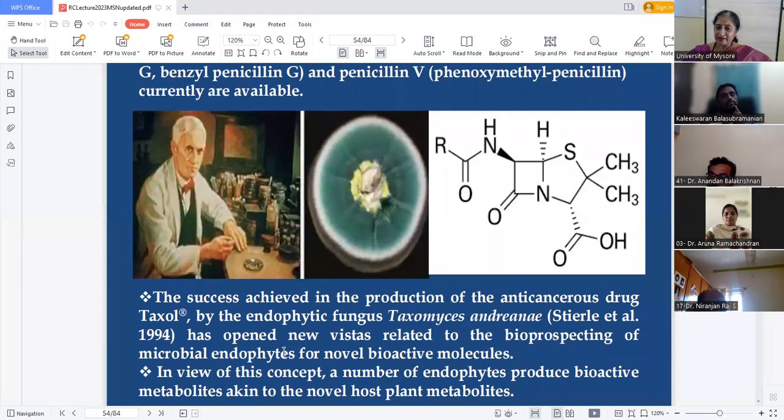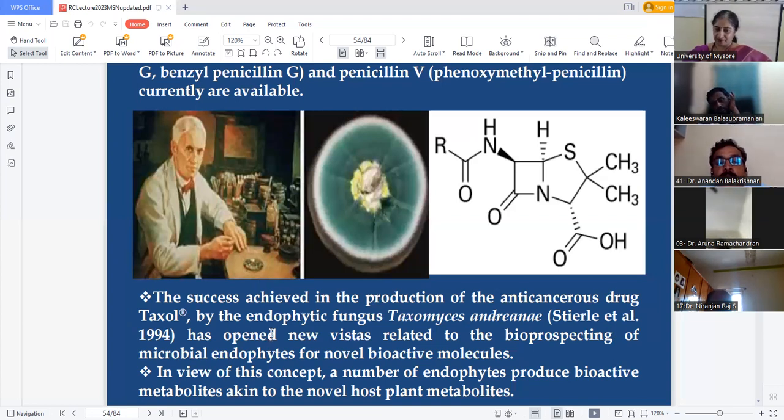And that success story is today the first anti-cancerous drug from a microbial source, the endophytic fungus Taxomyces chandrianae. That's a novel fungus that was isolated in 1994 by Stierle et al., again Gary Strobel's student, along with her husband Donald Stierle. And therefore, this opened a new vista into bioprospecting of endophytes for pharmaceutical compounds.